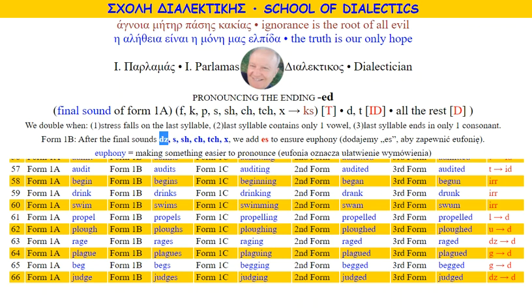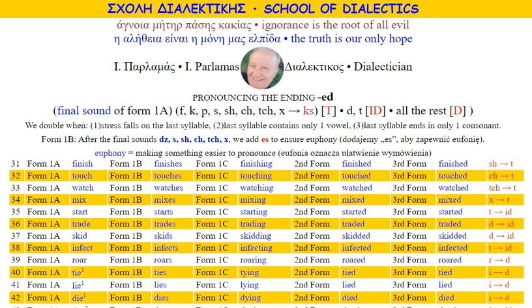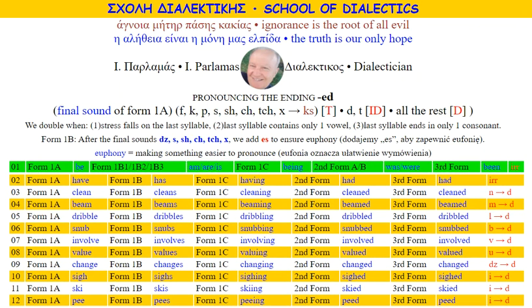But here we don't have ju, we have gu, okay, plagues, begs, rages, judges. Here we have to add ES to ensure euphony. So go up here and it's the same here, changes.